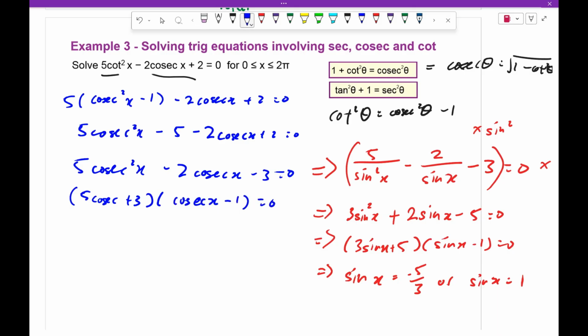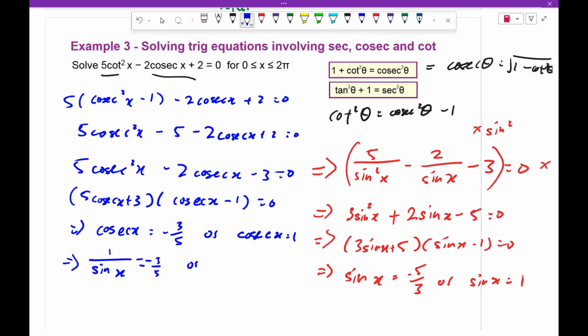So this part gives us cosec x equals negative 3 over 5, or cosec x equals 1, which is the same as this part, because when I convert it, it will still end up like that.